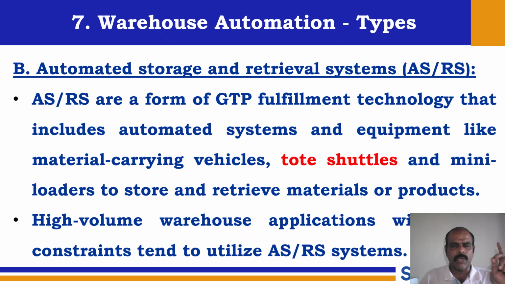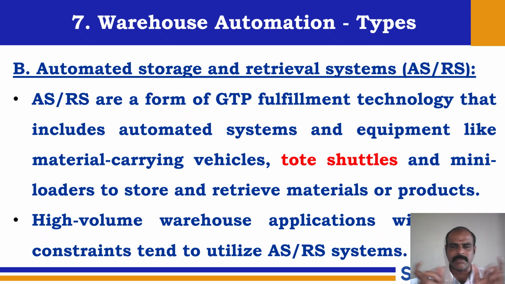The first case was with respect to GTP, that is, goods were available in the warehouse, and as an individual, we just wanted to get the product to our working area for further processing, that is, packing and dispatch. Now, the arrangement would have been done manually. In the racks, we would have arranged manually. So that is the drawback in the earlier system. Now ASRS.